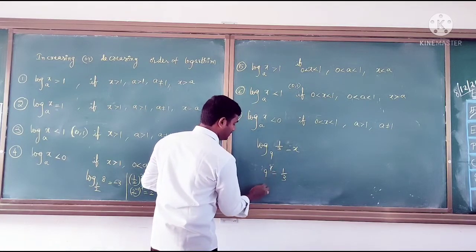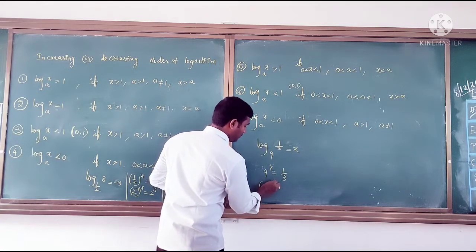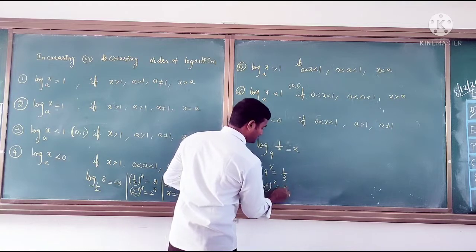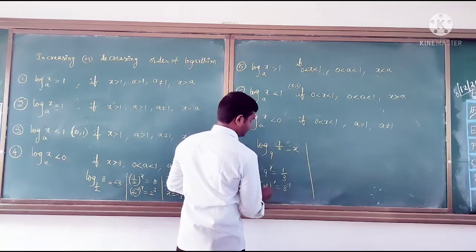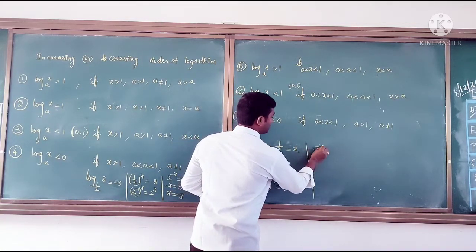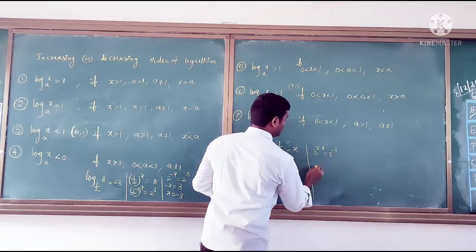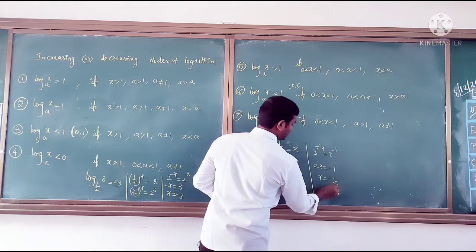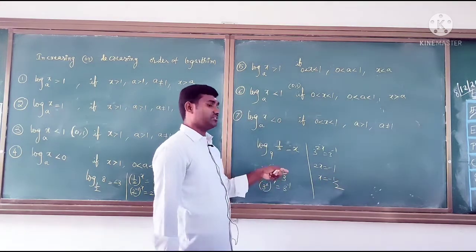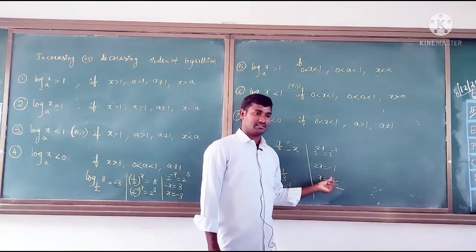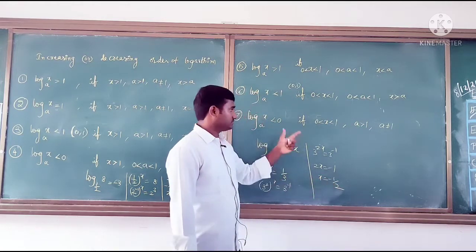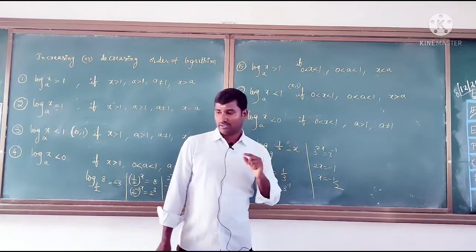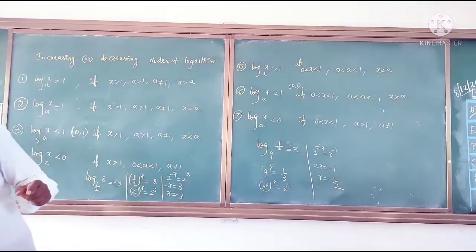So 9 we can write as 3 square whole power x is equal to 1 by 3, which we can write as 3 power minus 1. So 3 power 2x equals 3 power minus 1. So 2x is equal to minus 1. x is equal to minus 1 by 2. So minus 1 by 2 is a negative number or not? Yes, sir. Less than 0 only. Okay, I hope you understand the difference.